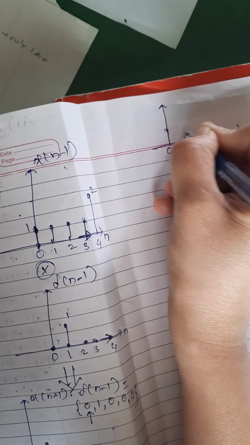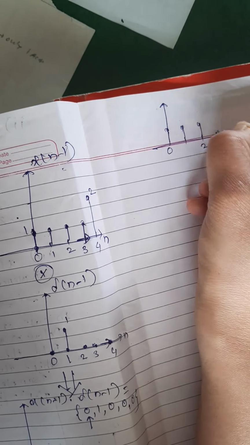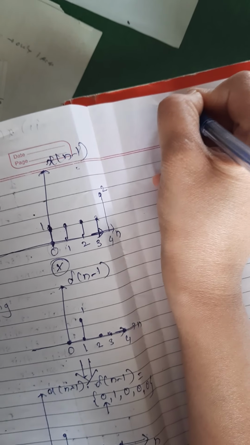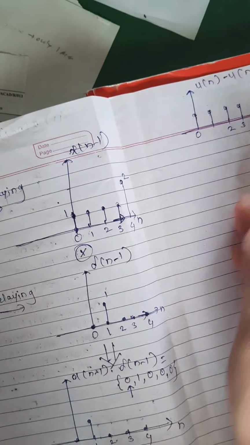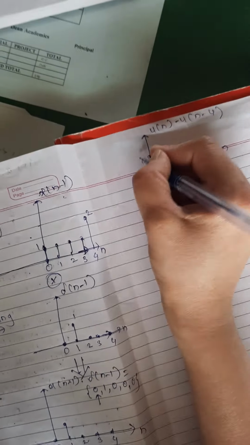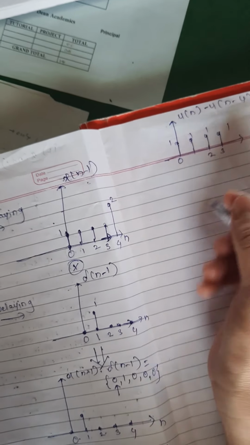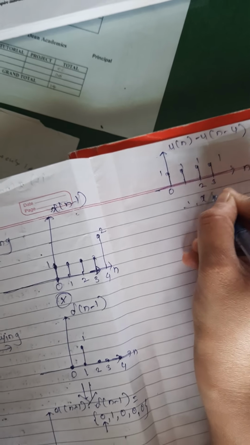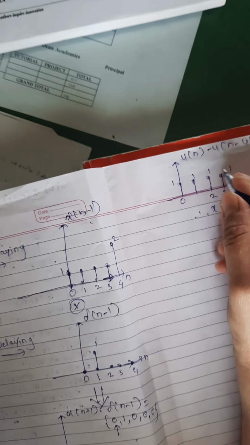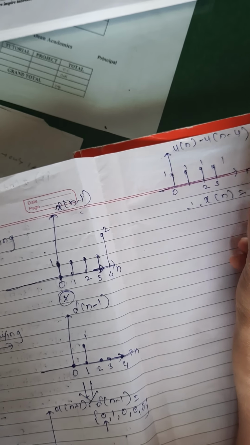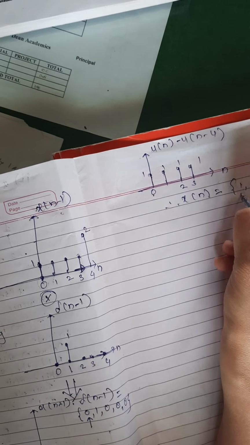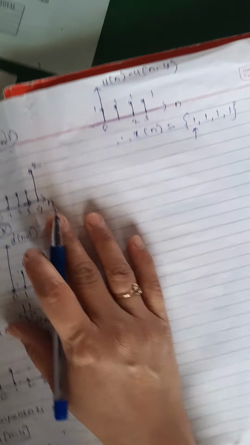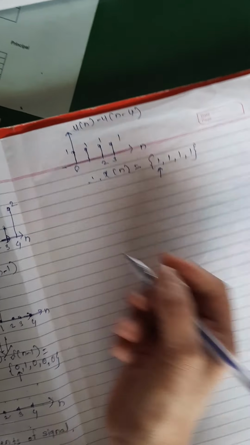So we get here 1, 1, 1, 1. Therefore, the x of n signal is obtained, and at n equal to 0, 1, 2 and 3, its value is 1, 1, 1, 1.